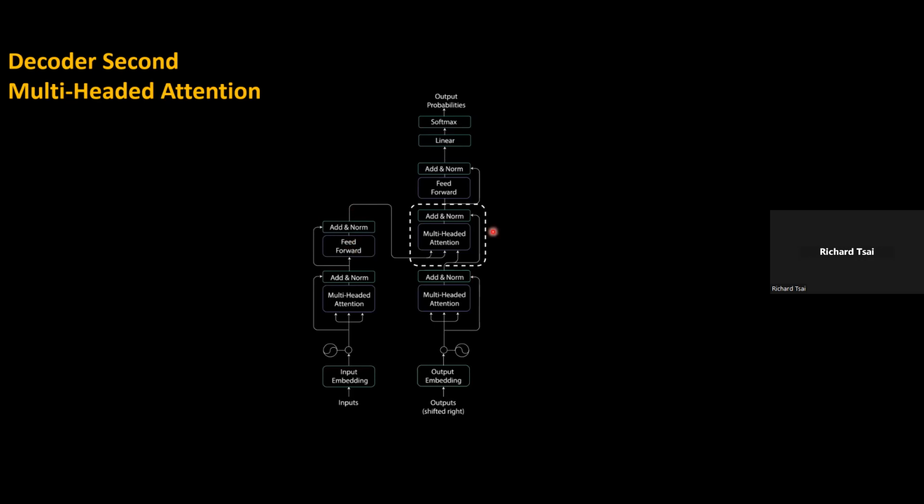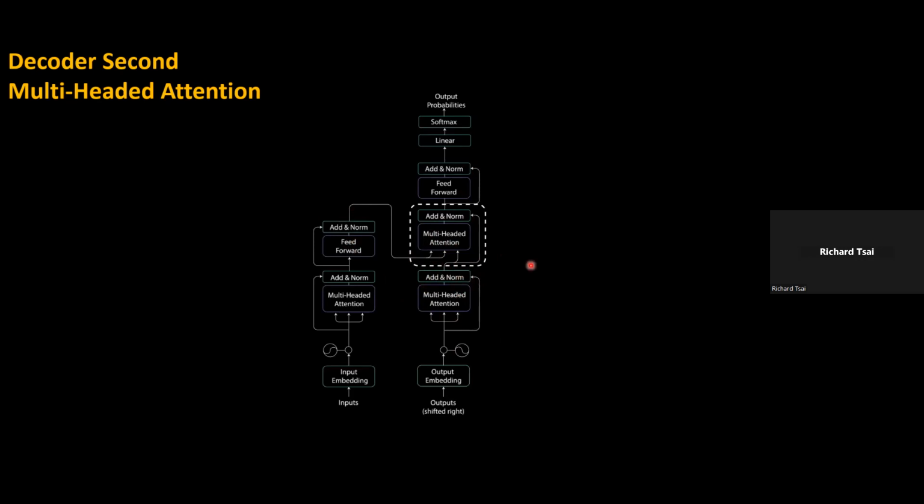In this particular layer, the encoder's output plays a role in generating the queries and the values, while the outputs from the decoder's first MHA are used to generate the keys.